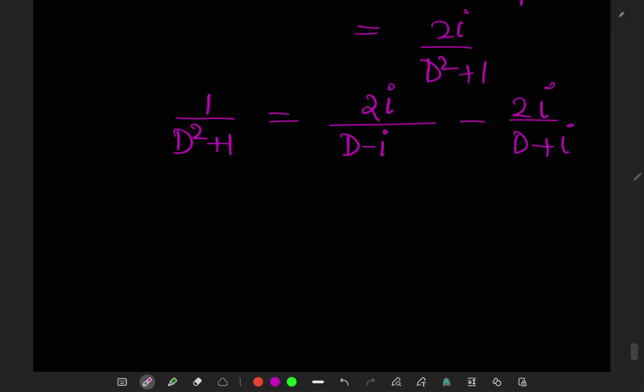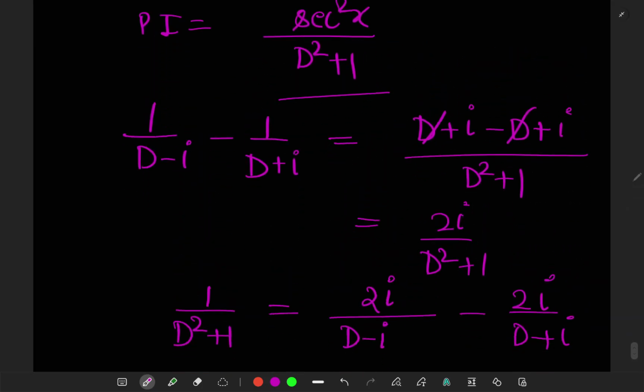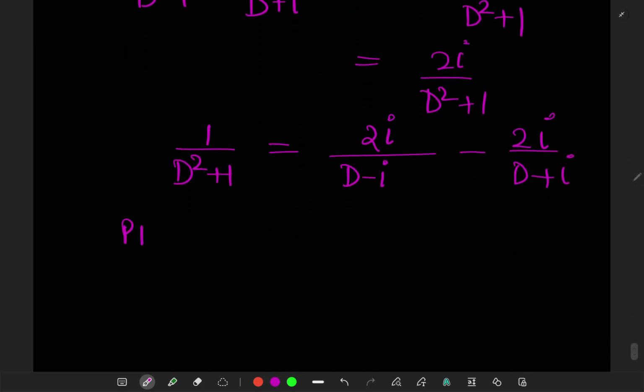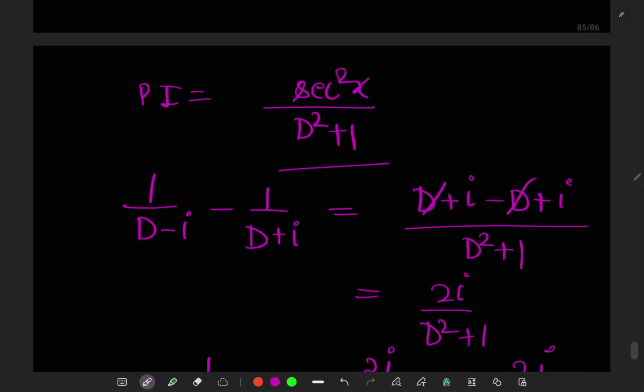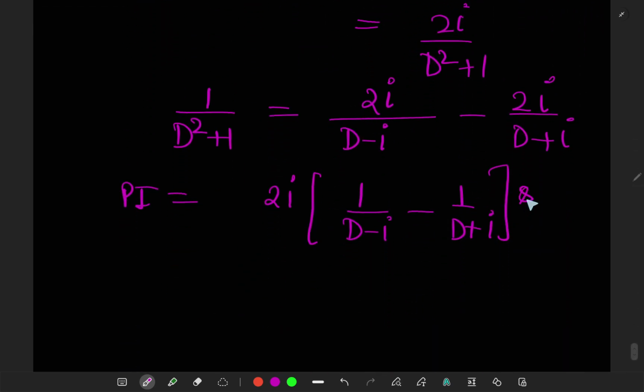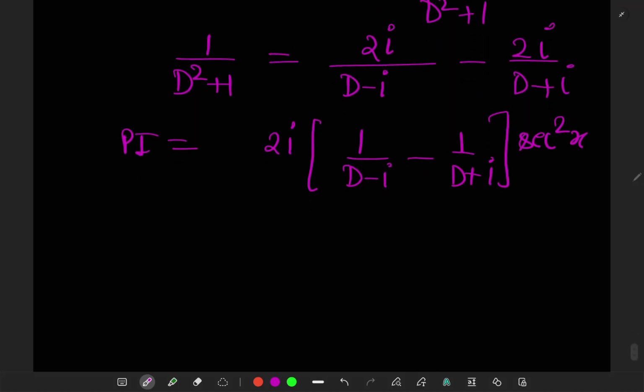So we can put this in this equation. So we can write here y p is equal to 2i sec square x.